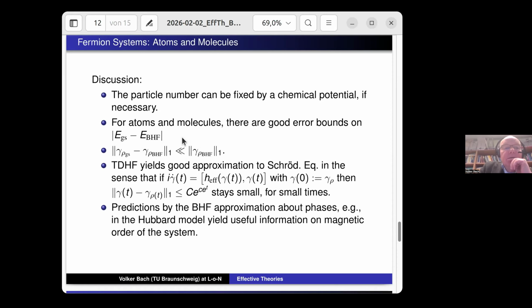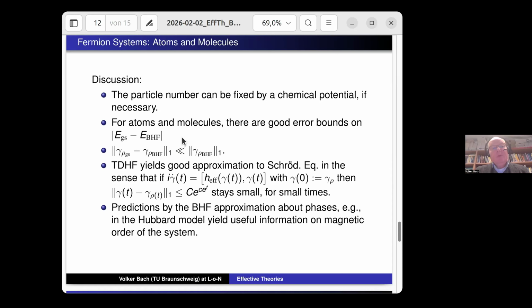Also, there has been by Levine, Gontier, and Heinzel, I think, a very good and interesting result that the deviation of the ground state energy from the Bogoliubov-Hartree-Fock energy can at most be exponential in the perturbation parameter. That's also a very interesting result.